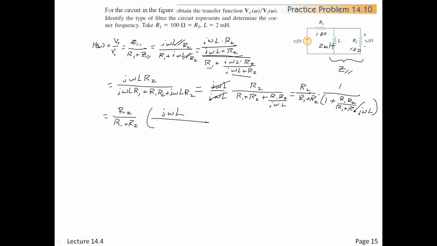I have a feeling there was a better way to have done this. I just sort of saw this parallel combination here of R1 and R2 developing. I was trying to isolate that.